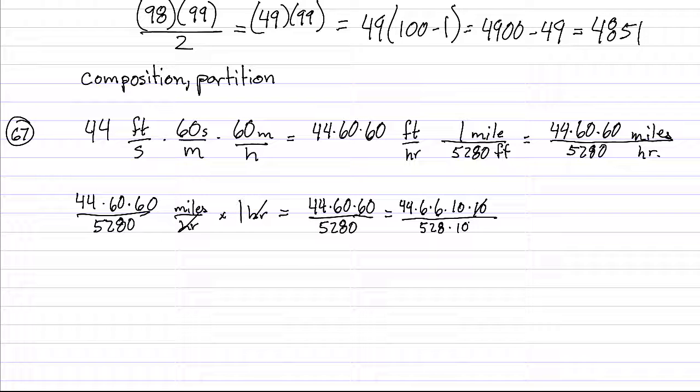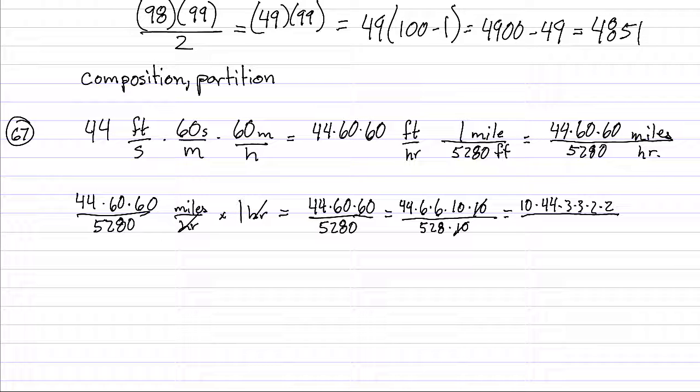And the last time I was doing the problem, here's where I made my mistake. I forgot to keep track of that extra 10, so I'm going to put that out front this time. And we'll go with 10 times 44 times 3 times 3 times 2 times 2, because 3 times 2 is equal to 6.